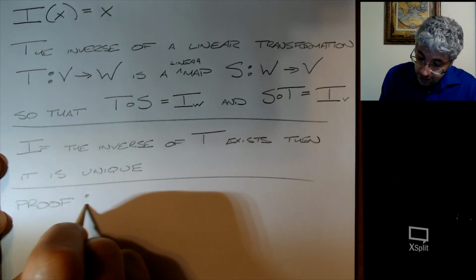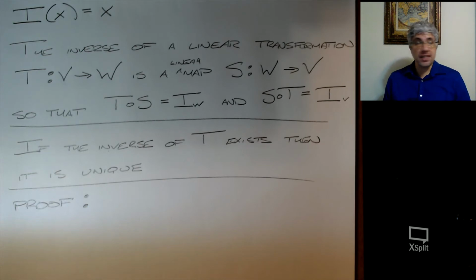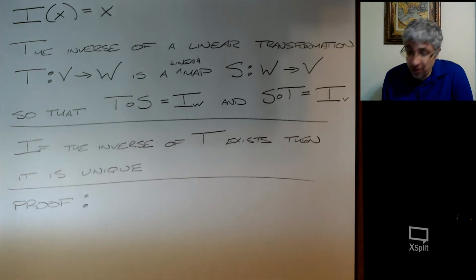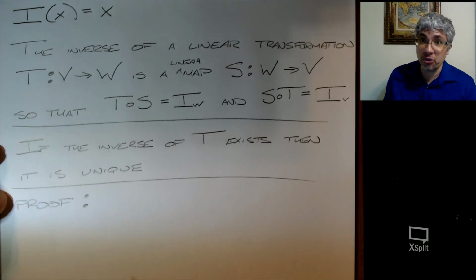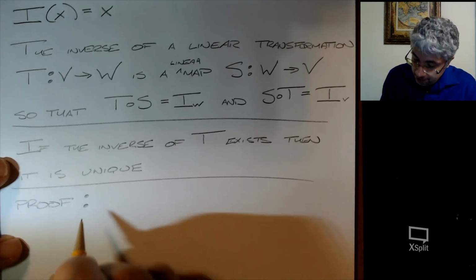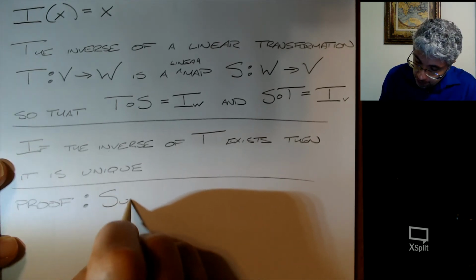We could assume that there's some transformation T that has two different inverses, and then show they're the same, coming to a contradiction. Or we could just say, suppose T has two inverses, S1 and S2. They must be the same. This means for any two inverses, they must be the same, and that also shows that all inverses are the same without having to go through the extra contradiction step at the end.